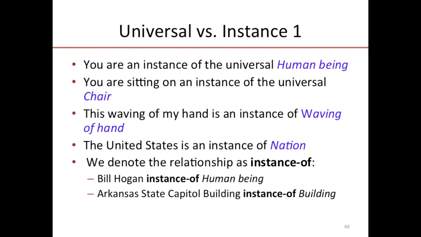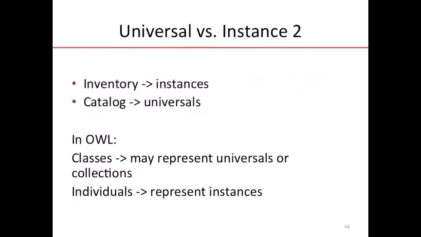So instances are individuals, universals are repeatables. Everything that we think about in biology and taxonomy are universals, right? If we say lions, cats, dogs, creatures like that.